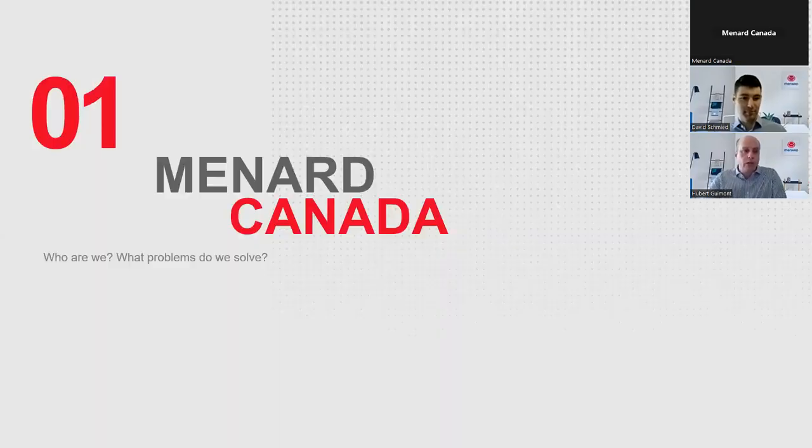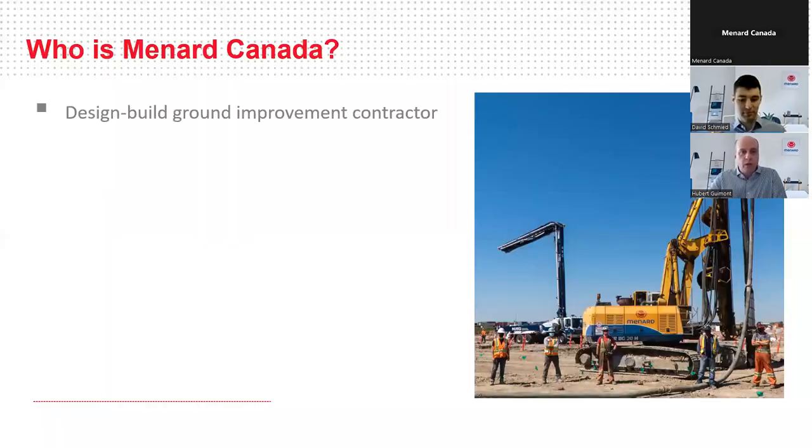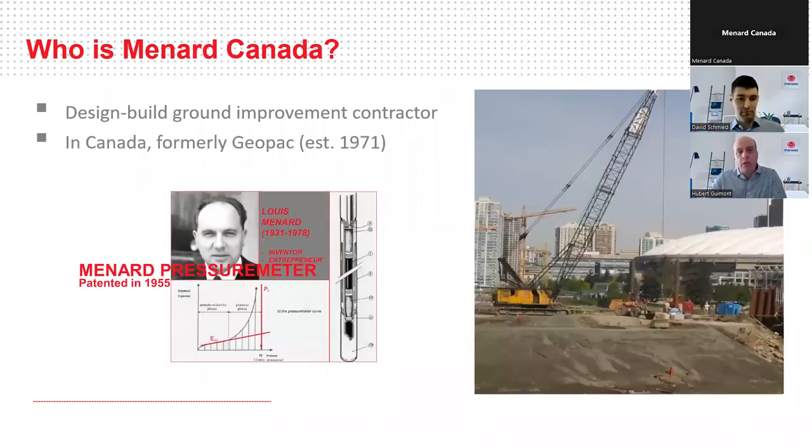So Menard Canada. Who are we, and what type of problem do we solve? Menard Canada has been a design-build ground improvement contractor for over 50 years now in Canada. Our name comes from Louis Menard, the founder of Menard, who also invented the Menard pressure meter in '55.